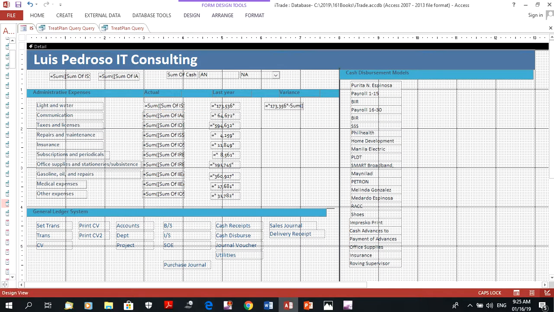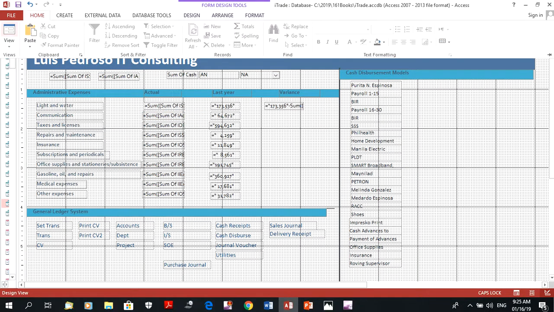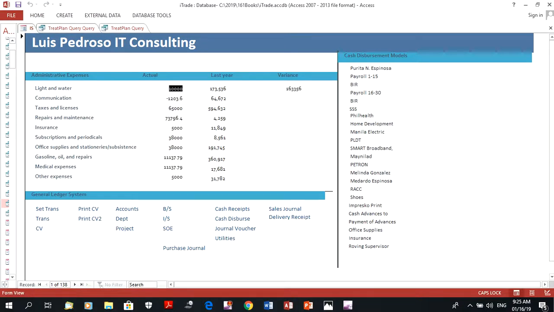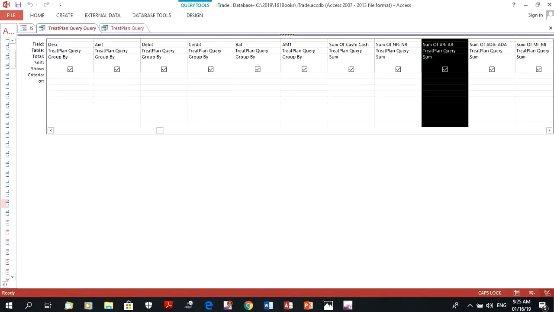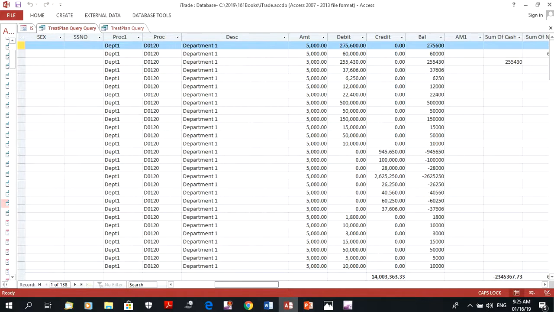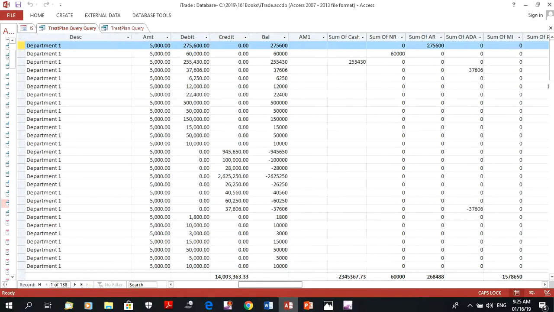So we look for that column. Okay, and that column is 1203. The figure is 1203. You look for that column here, right? Because that is the basis of your file.